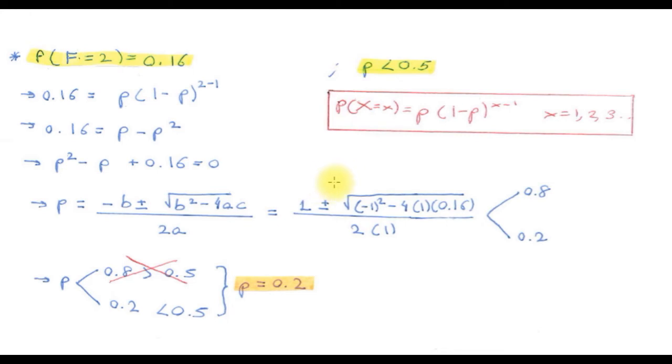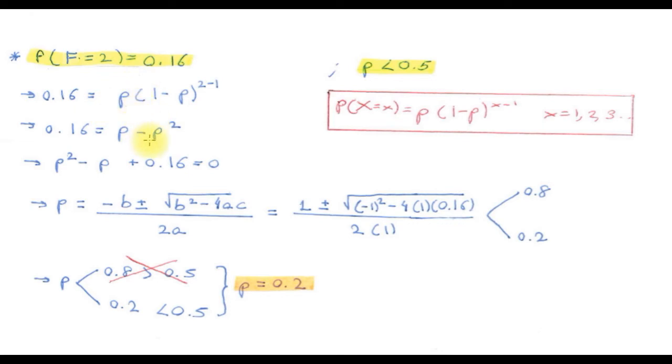By substituting the formula marked in red by the probability that F is 2, we now have an equation in which we only have one unknown constant, p.